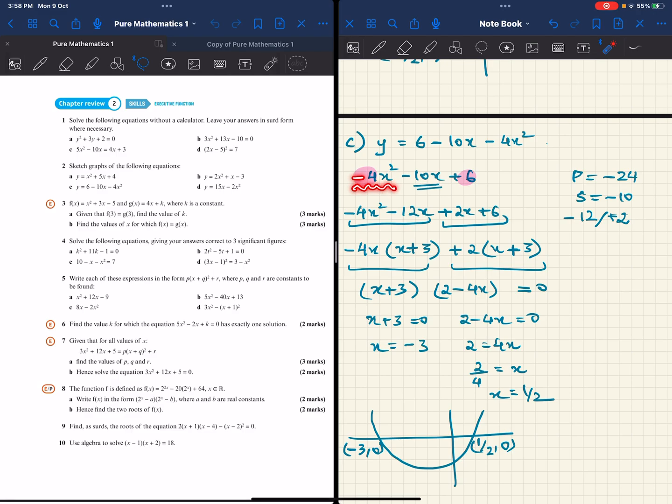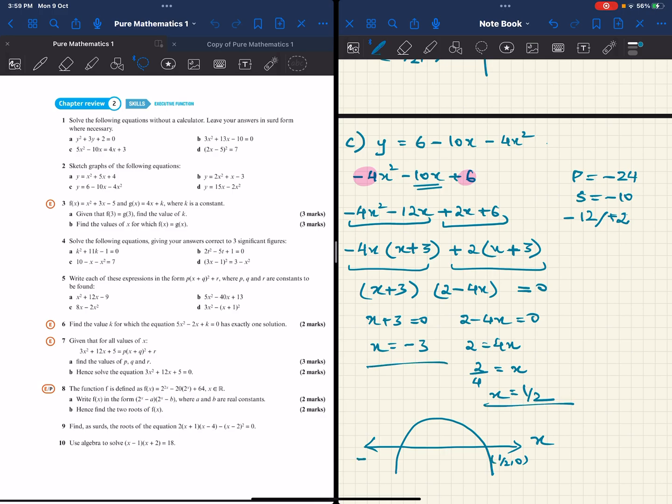So when we have a negative coefficient of x squared, our graph is n-shaped. When x squared is positive, then the graph is u-shaped. So this graph is going to be n-shaped. So this is our x-axis. This is our graph. And it is having intercepts at half comma 0 and negative 3 comma 0.